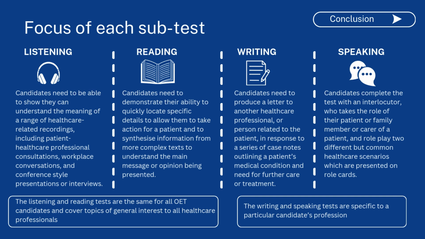For speaking, candidates complete the test with an interlocutor who takes the role of their patient or family member or carer of a patient and role-play two different but common healthcare scenarios which are presented on role cards. The writing and speaking tests are specific to a particular candidate's profession.